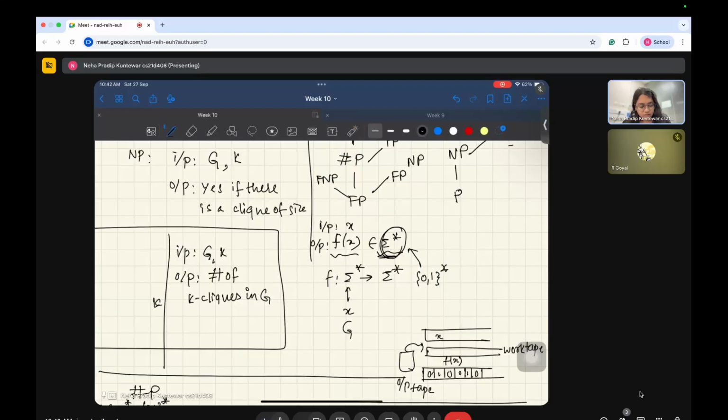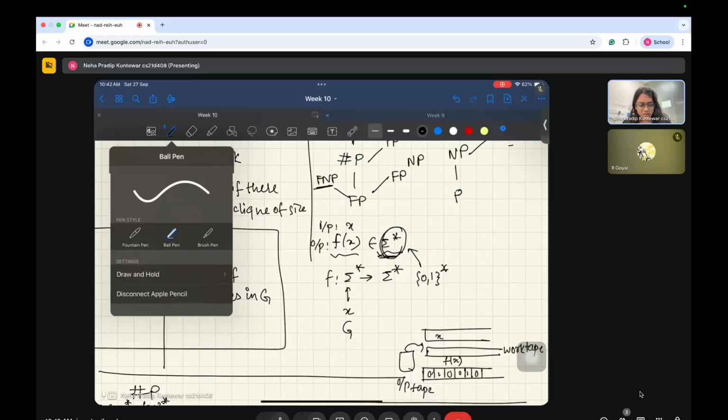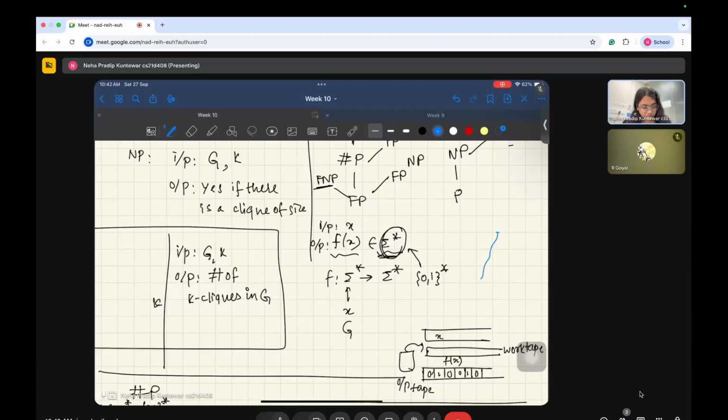For example, this non-deterministic machine may have only one accepting path, but in that accepting path it does compute the correct value of f of x, which may be different from the number of accepting paths.